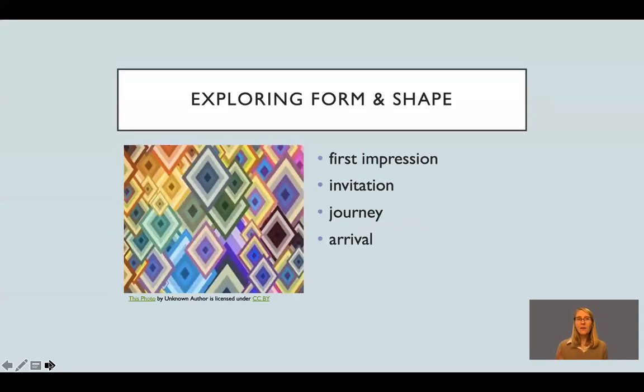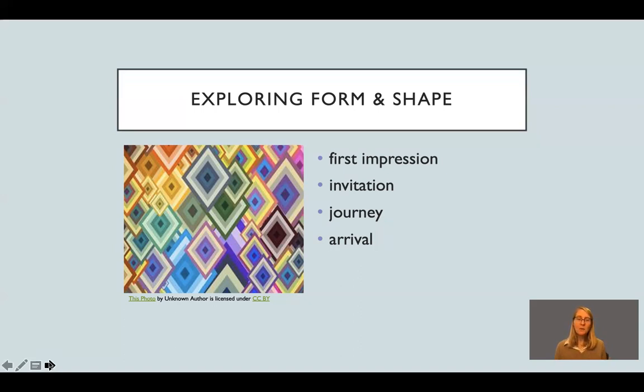When you're thinking about exploring form and shape as a poet yourself, right, so you're kind of shifting from us looking at models to, all right, I've got this poem, I need to do something with it, right? I personally like to break that up into 4 distinct experiences.